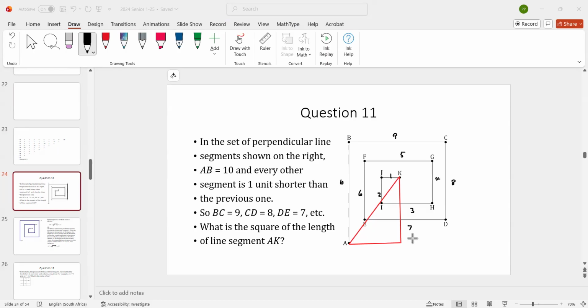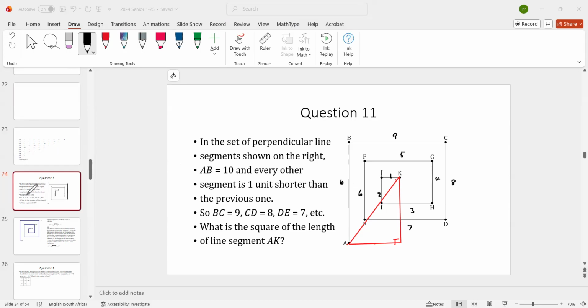So we have to calculate this distance from here to here. In other words, the horizontal distance from A to K. And you also have to calculate the vertical distance from A to K. So let's work out the horizontal distance and the vertical distance.